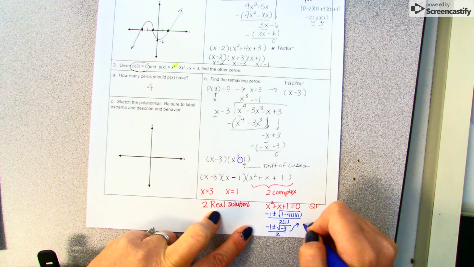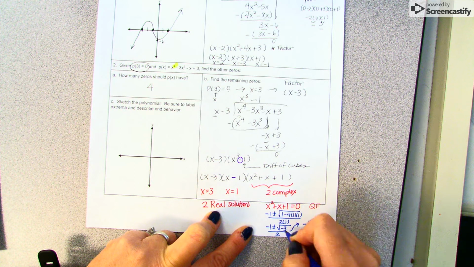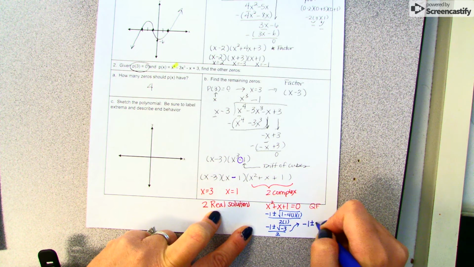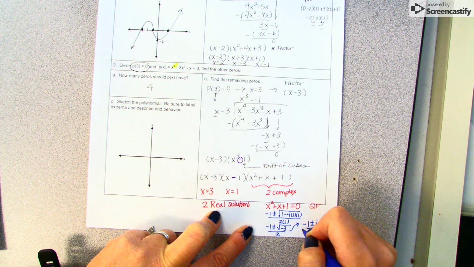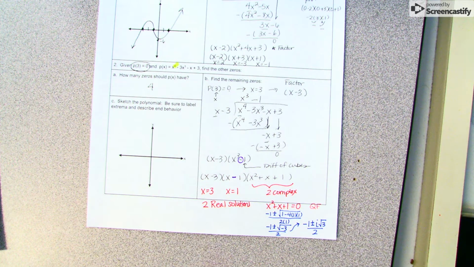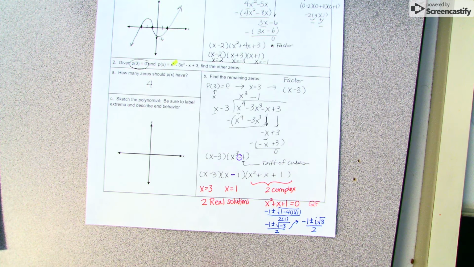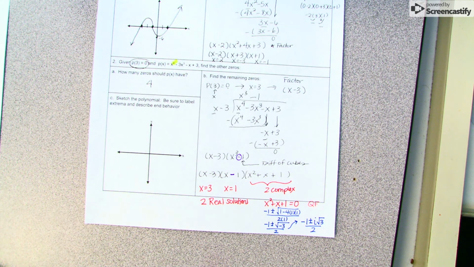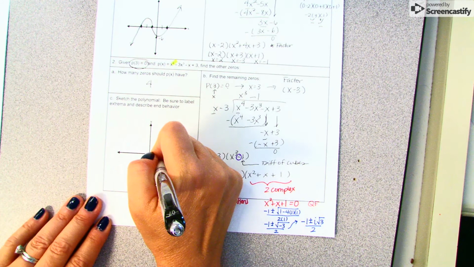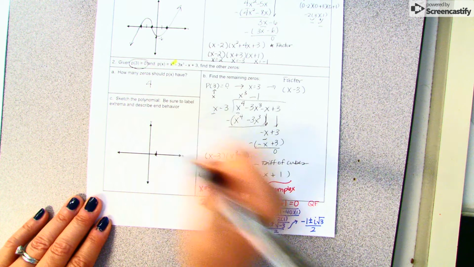The square root of negative 1 comes out as an i, and I'm left with the positive 3 in there. So these are 2 more roots, because you have to have 4 roots, but 2 of them are complex, which means when you graph it, there's only going to be 2 dots on the x-axis. So let's graph those. So we have 1, and then we have 3.